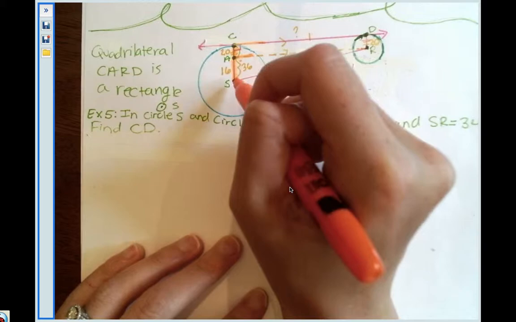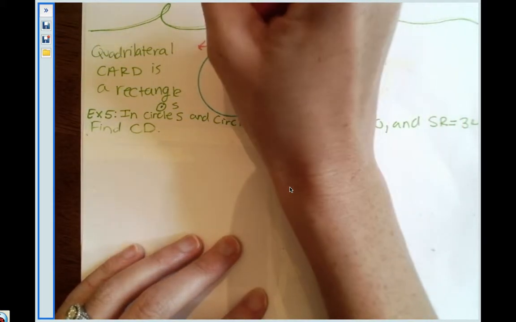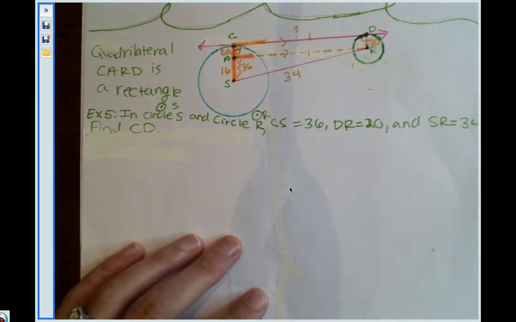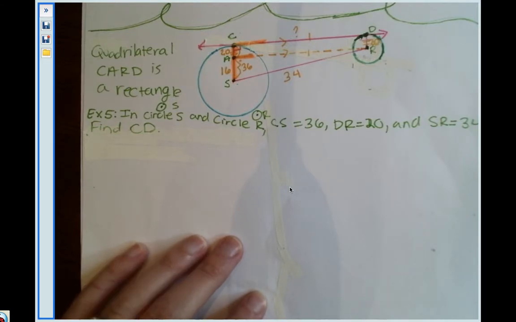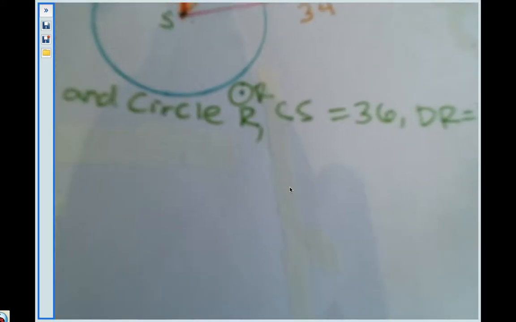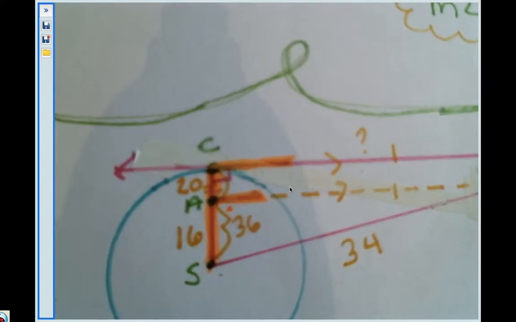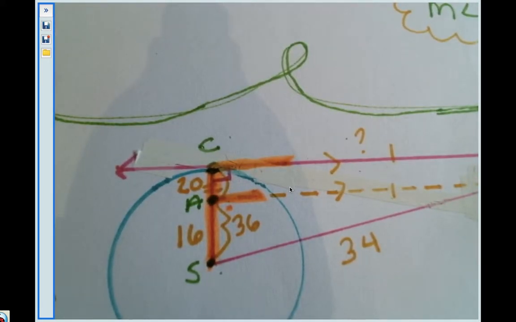Angle RAS. What shape are we seeing form right here? What letter do you guys see? Do you see the F? I'm going to zoom in. Do you see it? All right, guys, and what type of angles are the F angles in parallel lines?